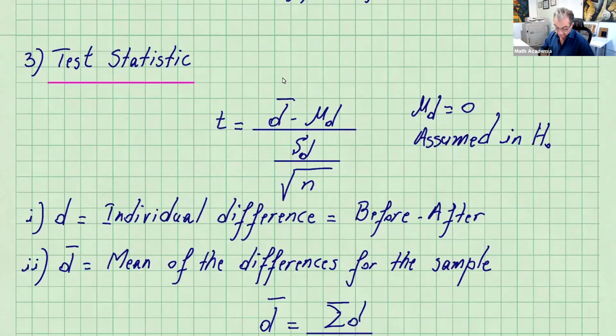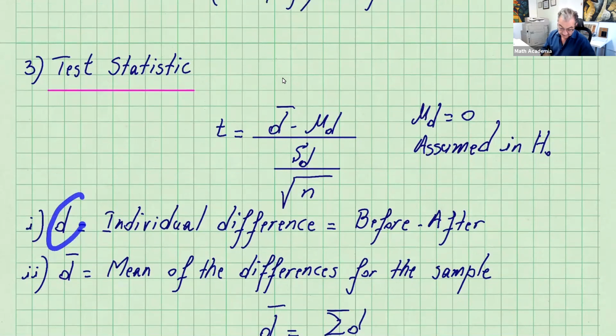Now let's go over this. D stands for difference. Lowercase d is the individual difference. When you calculate the difference, you do before minus after. For example, if an individual takes a class, the professor can give that individual a final test the first day of the class and a final test the last day of the class, and just check the difference.